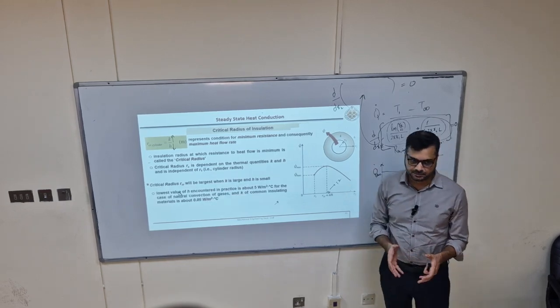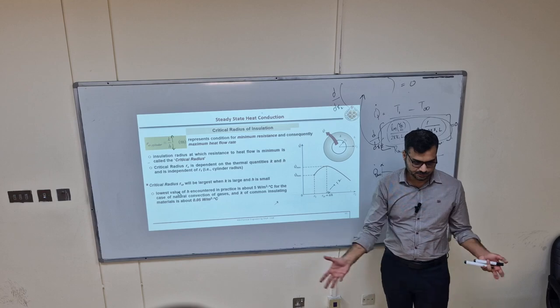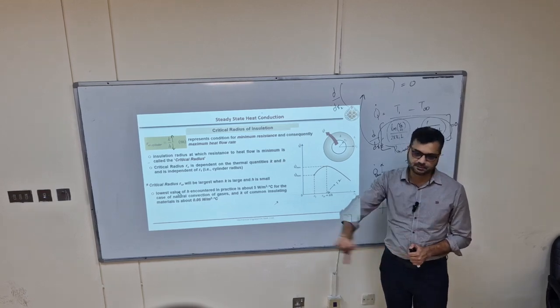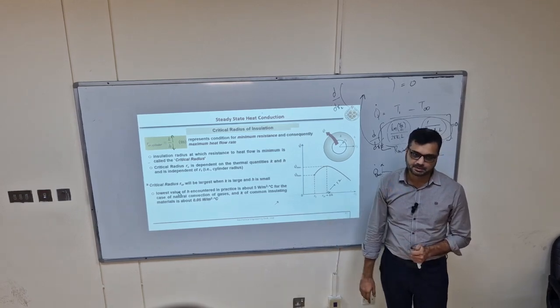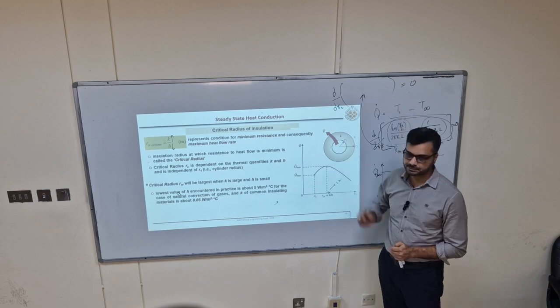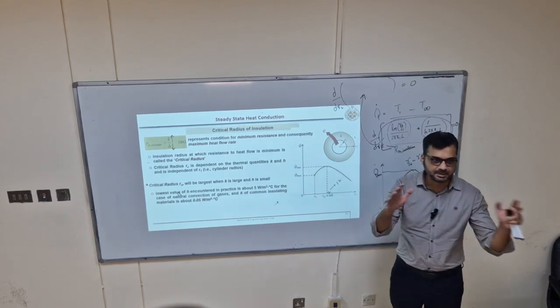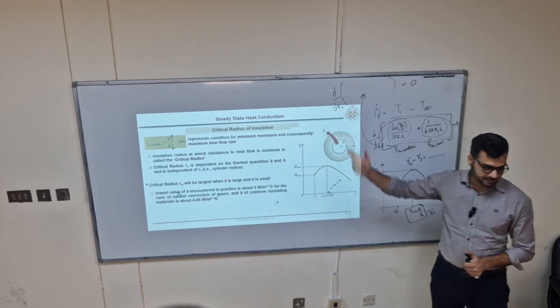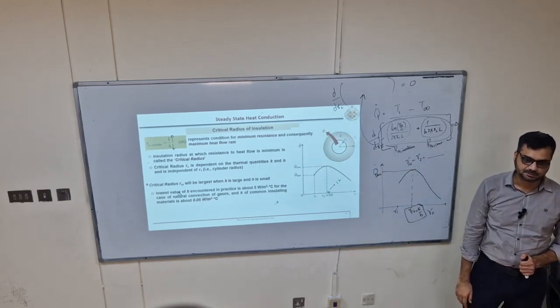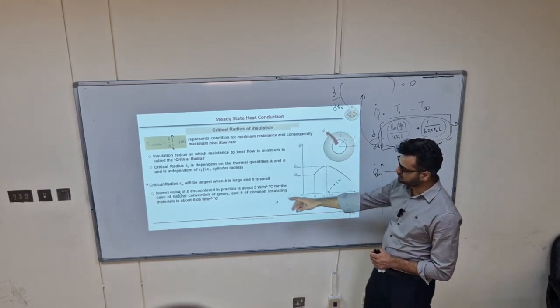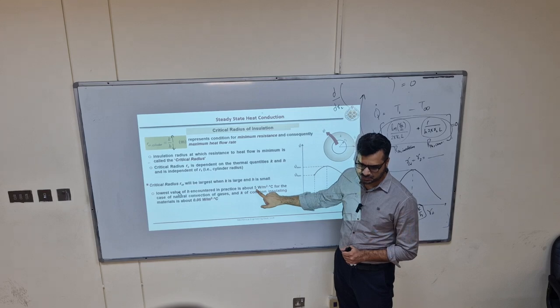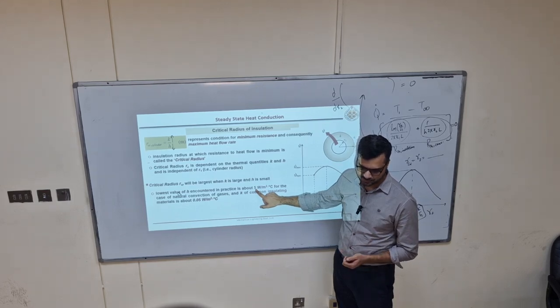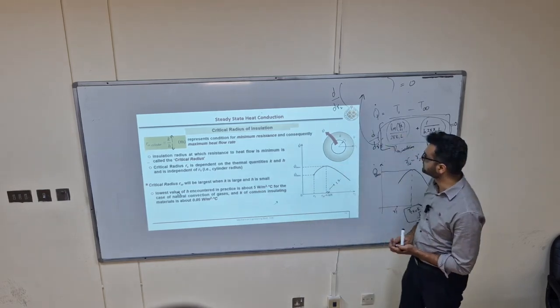Now let's assume there is a steam pipe in this room. Steam is flowing through this pipe and it is insulated. In this room, what will be the convection outside? Air convection, natural convection. So for natural convection, h will be in this range, a very small h, 5 watts per meter square per degree Celsius.